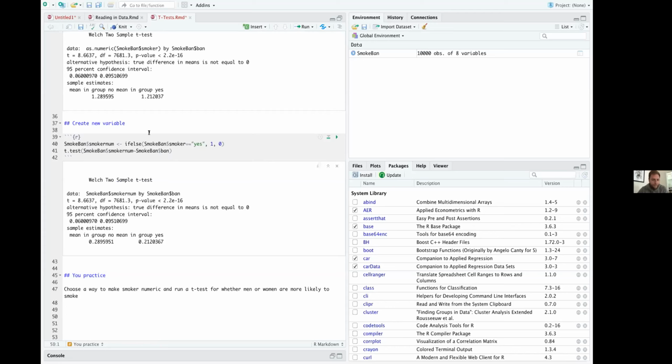Oh wait, hold on, gotta insert my code chunk. Right, so you had table, and then smoke, and then let's see.